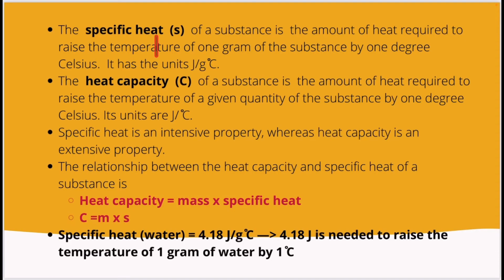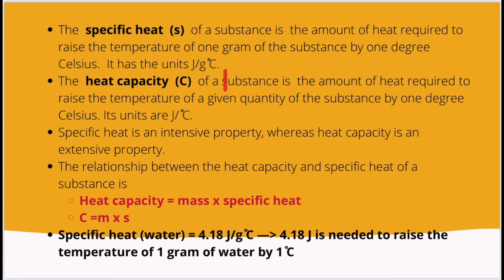The specific heat of a substance is the amount of heat required to raise the temperature of 1 gram of the substance by 1 degree Celsius. It has the unit joule per gram degree Celsius.